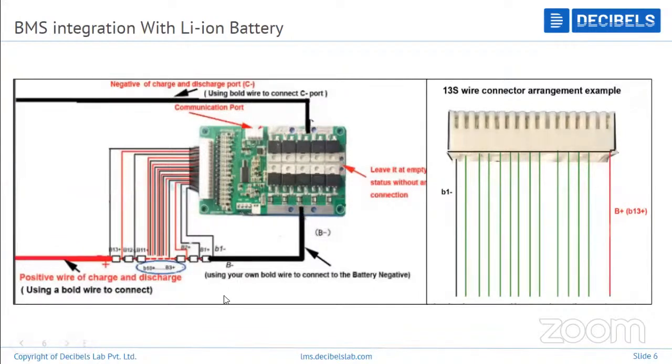B minus, you can see, it's clearly mentioned: use broad thick wires to connect the negative. Why? Because these are discharge or charge ends. Charging usually depends on the charger and the battery pack application. Whether you are using 6 amps, the thickness will be lesser, and whether it's higher amps, the thickness will be more.